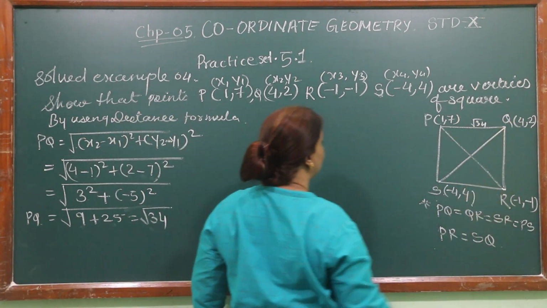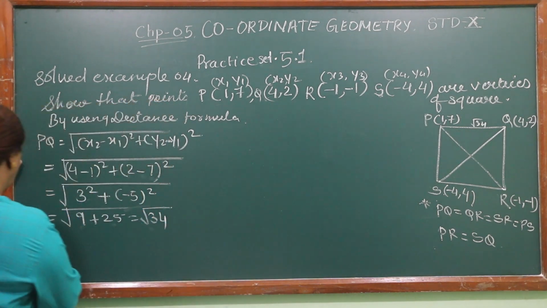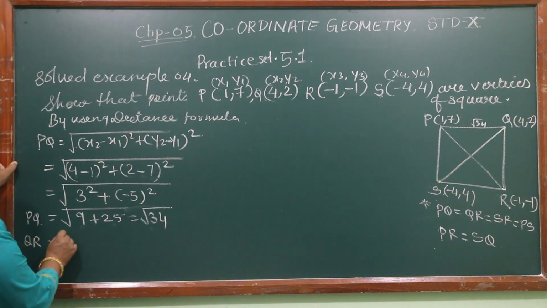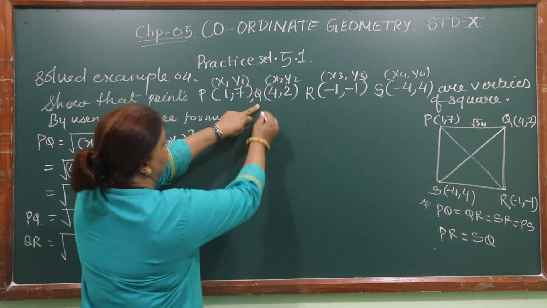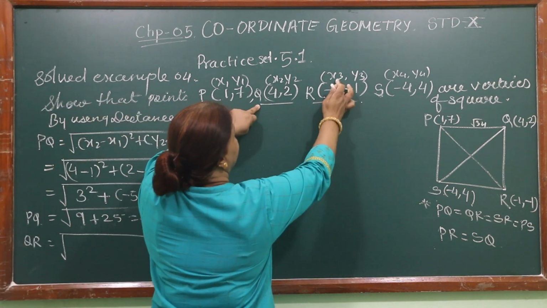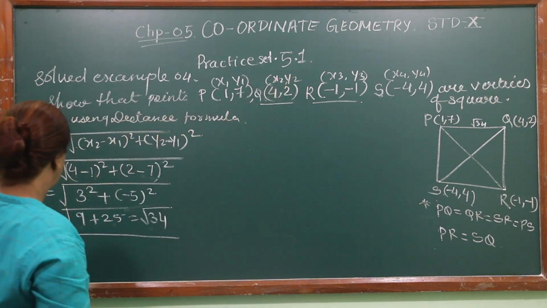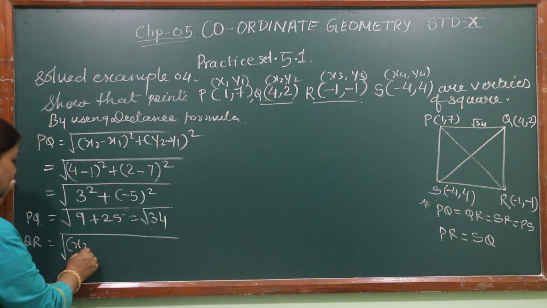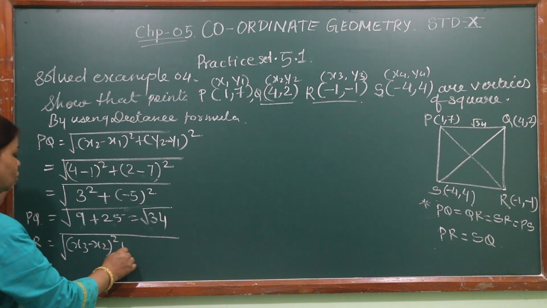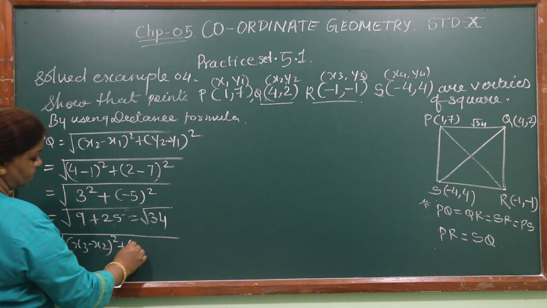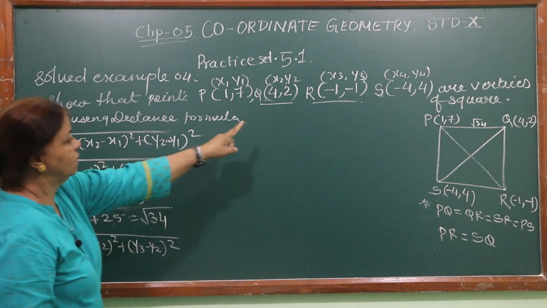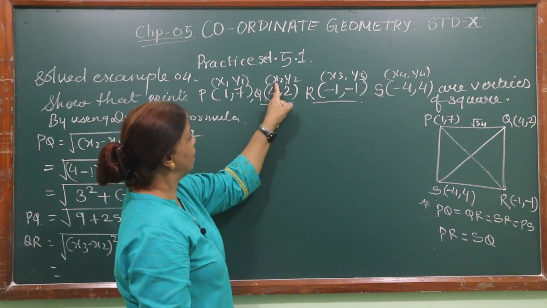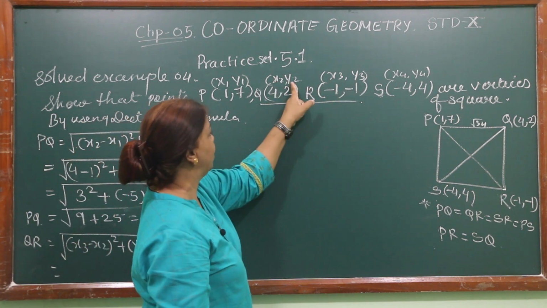Now we will find out QR. Let me begin here. QR, again by distance formula, children. Q and R are the two points. So it will be (x3 minus x2) the whole square plus (y3 minus y2) the whole square.